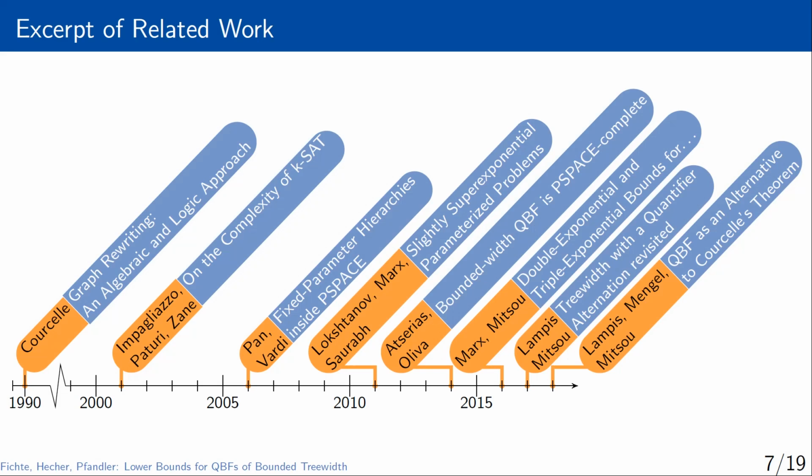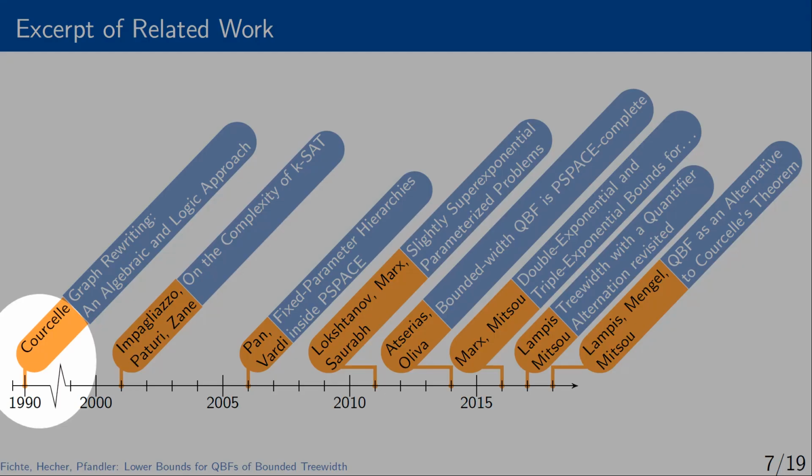So what has been done so far? Well, we have Cosell's theorem in the 90s, and then roughly 10 years later, the ETH was proposed. 5 years later, the result was mentioned for QBFs of odd quantifier rank by Pan and Vardy. Around 2010, lower bounds that are beyond single exponential for Treewidth were established.